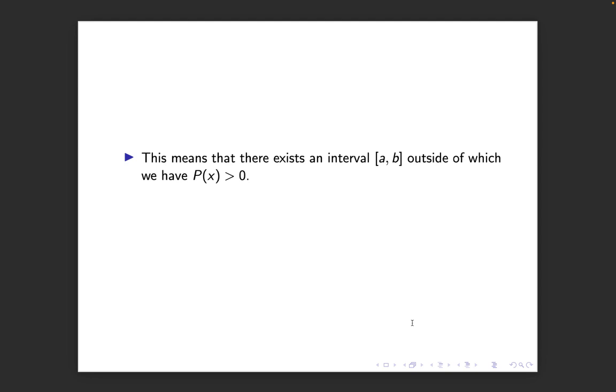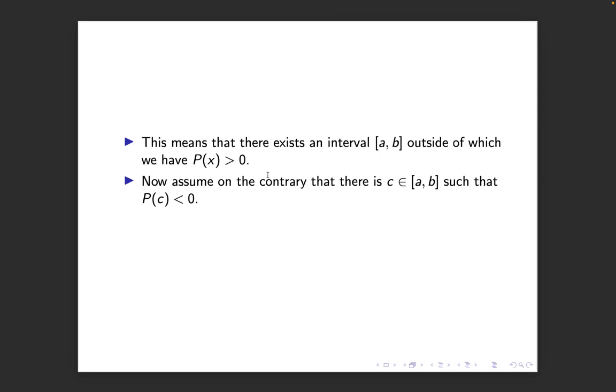Once again, the reason is because as x goes to either plus or minus infinity, our polynomial will go to infinity. So outside of some interval, p of x will be strictly greater than 0. Now remember that our goal is to prove that p of x is greater or equal than 0 for all x. So up to here, we actually proved that it's strictly greater than 0 outside of some interval AB.